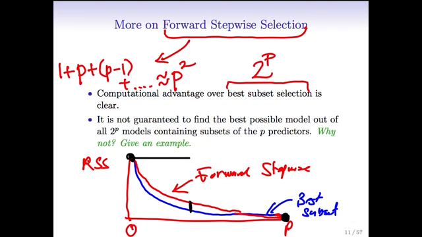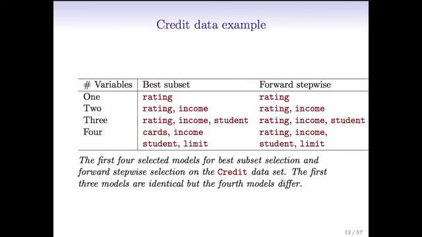We can see an example of that if we look a little more carefully at the credit data. This table shows the results for M1, M2, M3, and M4 on the credit data. If we do best subset selection, M1 just contains the rating variable.